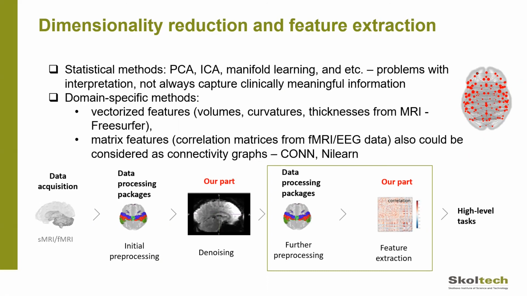Of course, if our machine learning model is based on some vectorized features, for example, various volumes, curvatures, thickness, which we estimate from an MRI scan, then it's easy to interpret the model because we use SHAP values or Sobol indices or whatever sensitivity indices we like. If we understand that the model is very sensitive with respect to the volume of a specific brain region, then it's very easy to explain to the doctor, right?